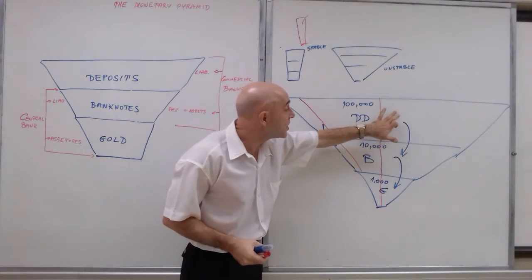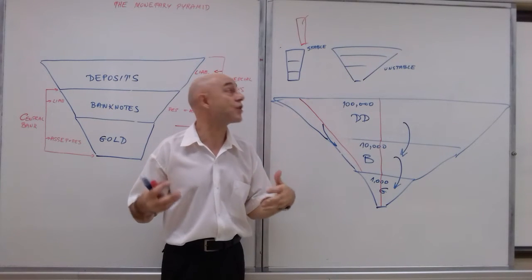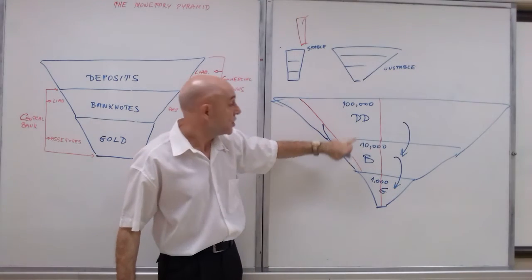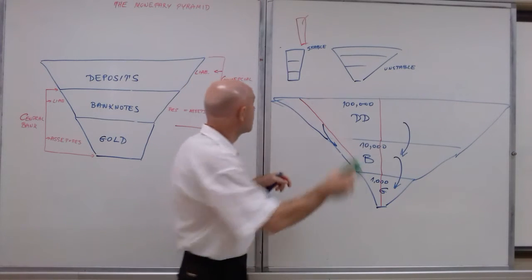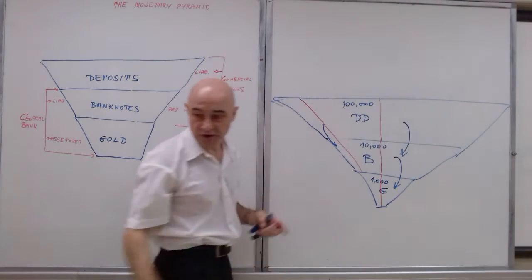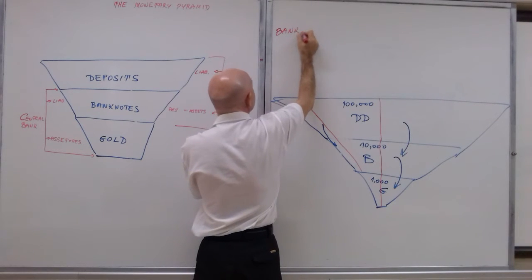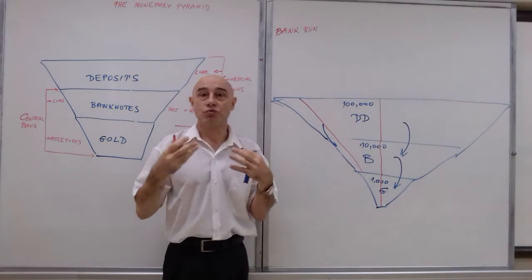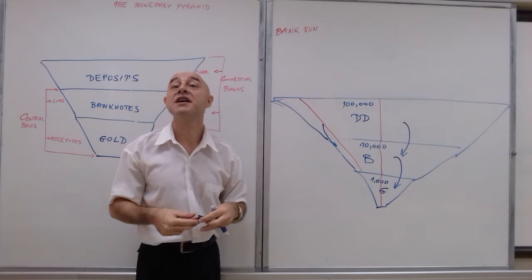Now, when people go ahead and convert massively deposits into banknotes, in other words, you go and take your money out of the commercial bank, we call this a bank run. Which back in the old days literally meant you run to the bank and you take your deposit out. Well, when you take it out, you take it out as cash.